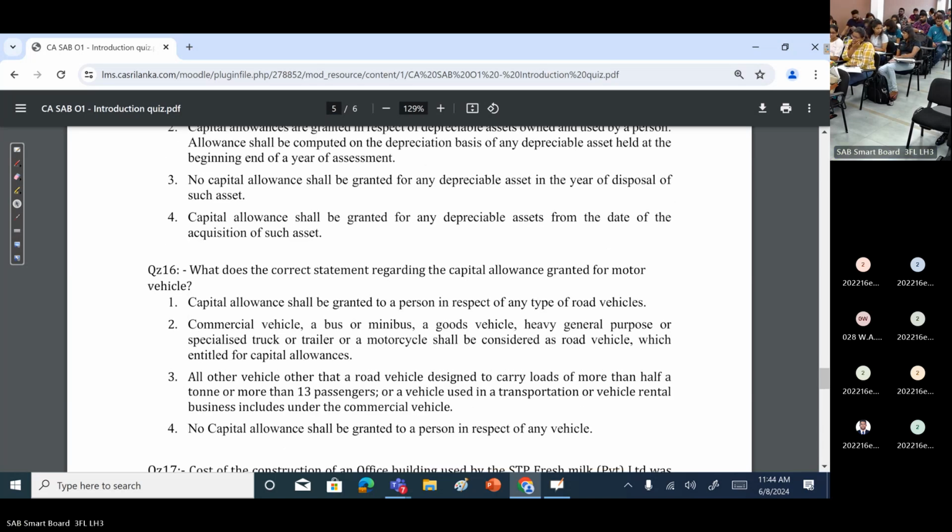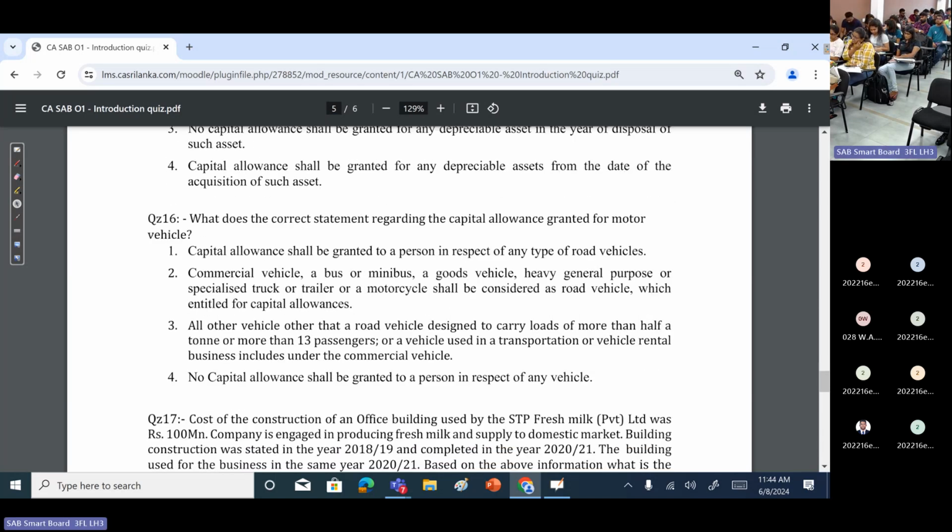Right. What is the correct statement regarding the capital allowances granted for motor vehicles? Capital allowances shall be granted to a person in respect of any type of road vehicle. Is that correct? No, it's wrong. Commercial vehicle, bus or minibus, a goods vehicle, heavy general purpose, specialized transport, rail or a motorcycle shall be considered as motor vehicles which attract capital allowances. Yes, correct.